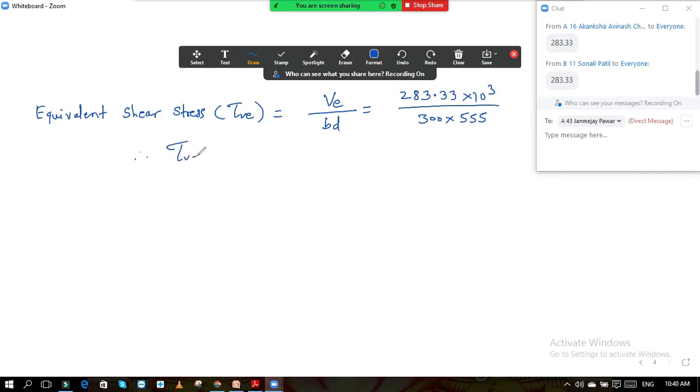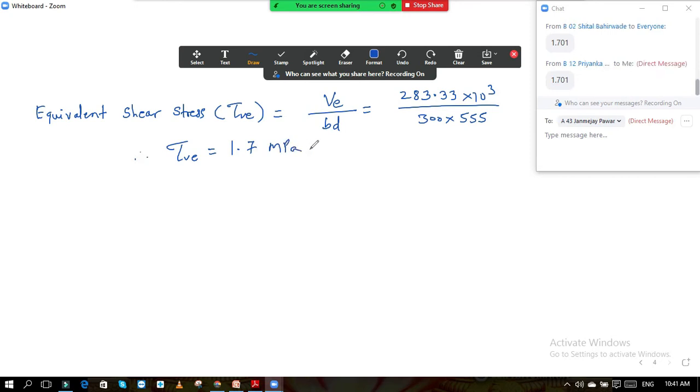So therefore tau VE is equal to 1.7 Newton per mm square.